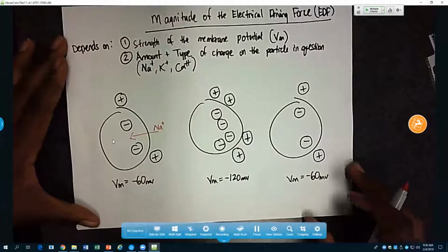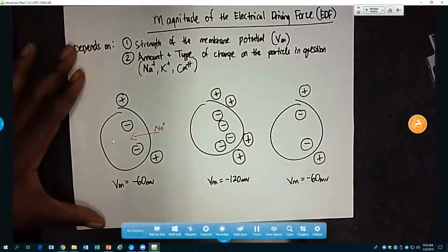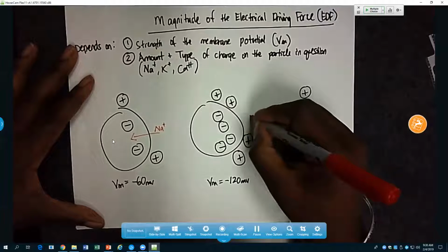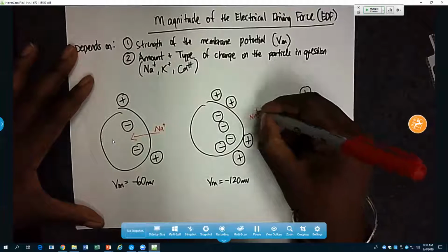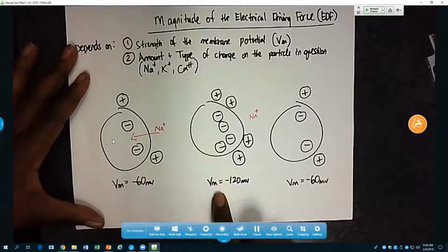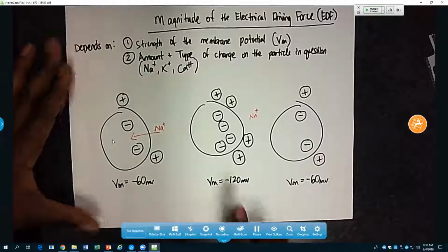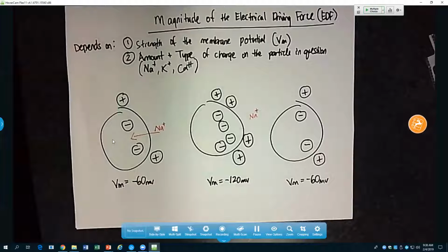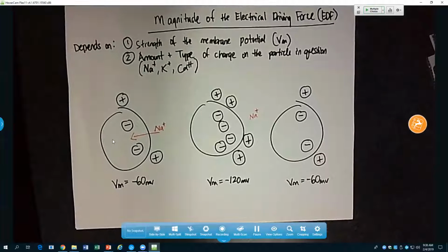Okay? Now let's take another scenario with sodium. For this cell, the membrane potential is negative 120 millivolts. So there's a greater separation in charge here. What does that greater separation in charge tell us? The inside is more negative, right? And what's sodium going to want to do?